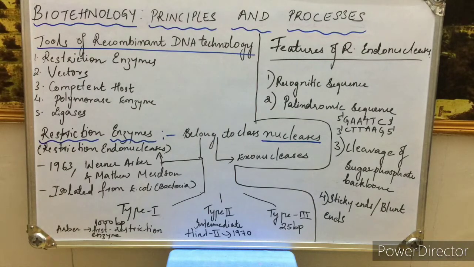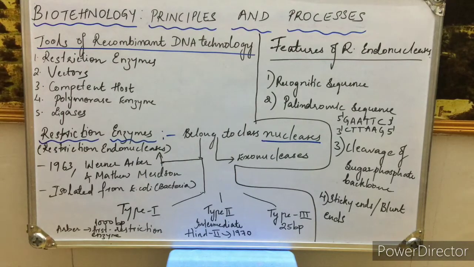Among these three, the type 2 restriction endonucleases are widely used for recombinant DNA technology. One example of type 2 that we have seen is HindII.